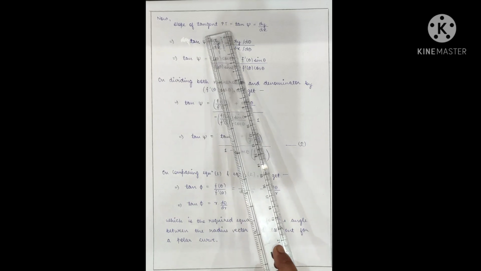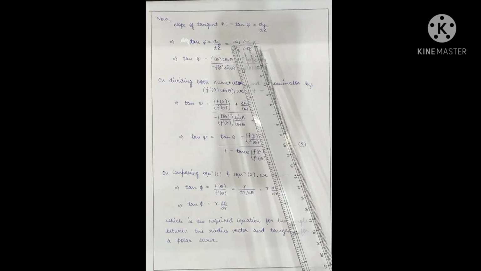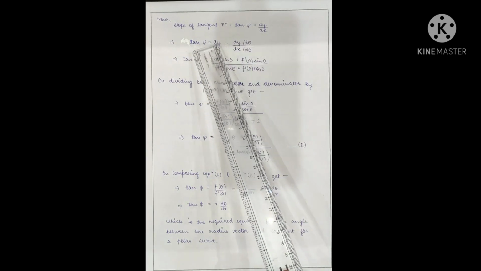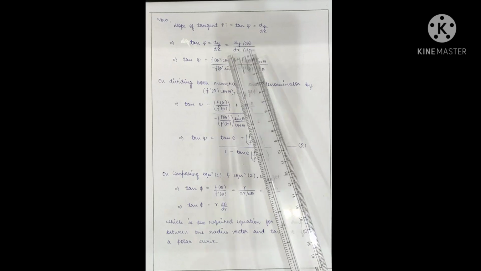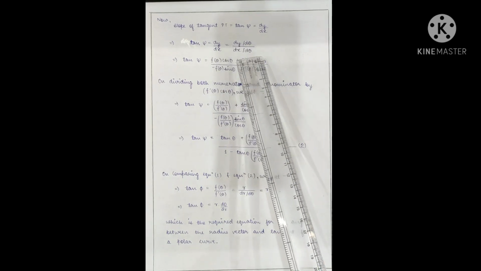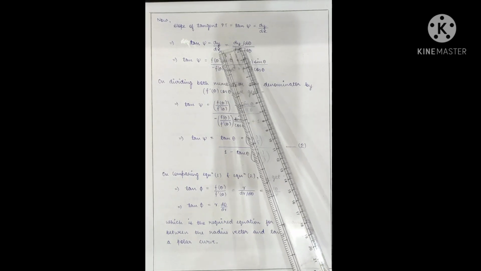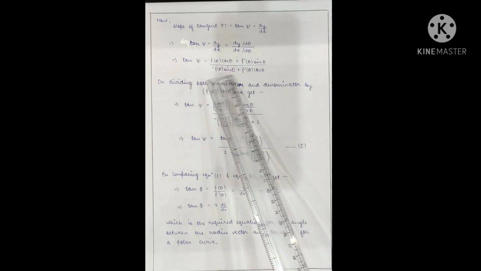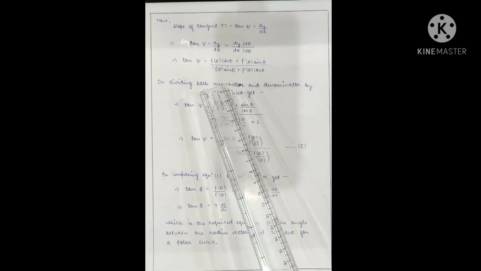Now the slope of tangent PT we can calculate through tan psi, which is equal to dy/dx, and we can write it as (dy/d theta) whole upon (dx/d theta). As we have already calculated dy/d theta and dx/d theta, we'll put those values here.